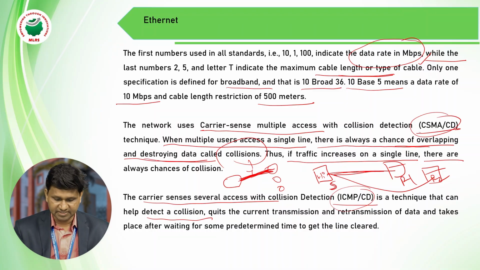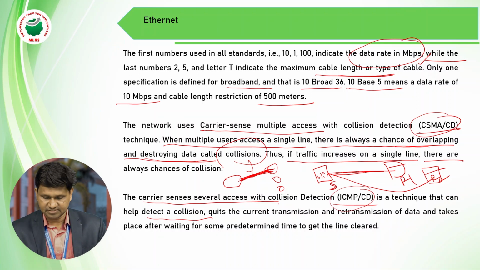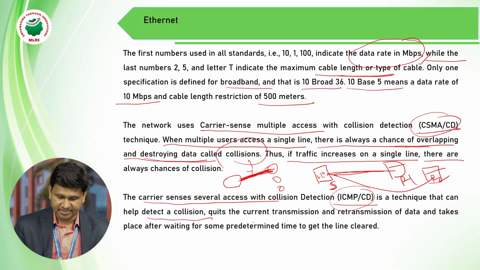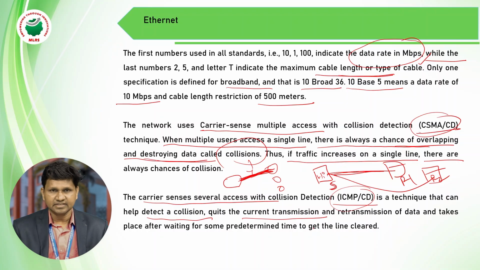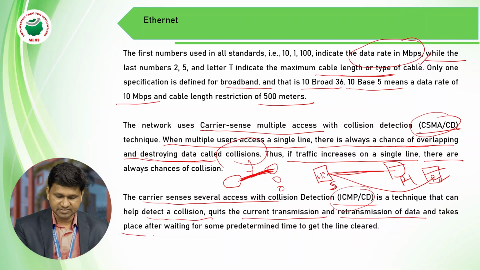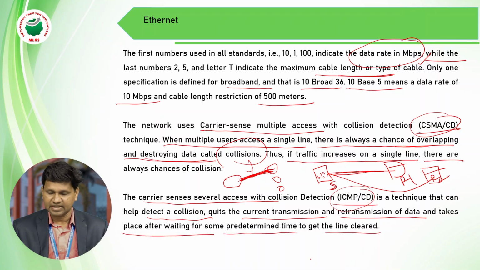If multiple users access a single line, CSMA/CD quits the current transmission, and retransmission of data takes place after waiting for a predetermined time to get the line cleared.